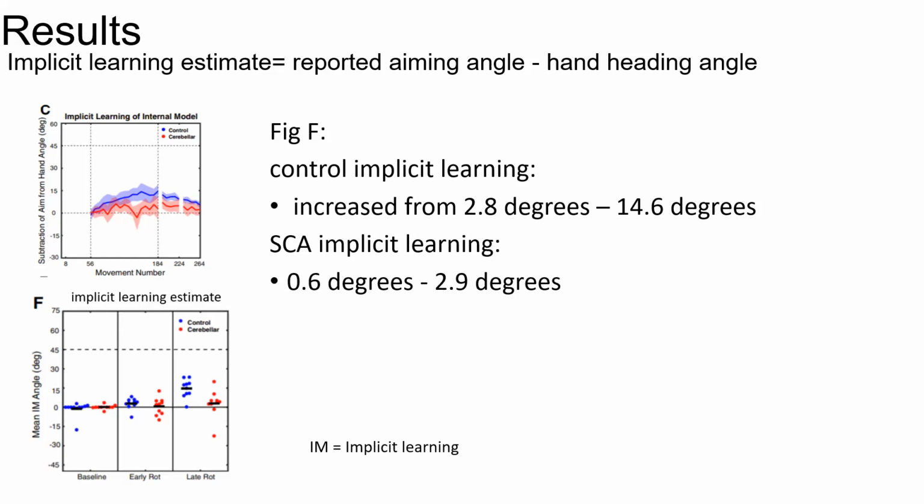And looking at figure F, we see that the control group's implicit learning contribution increased from 2.8 to 14.6 degrees, which is in sharp contrast to the implicit learning within the SEA group, which is almost non-existent, changing from 0.6 degrees to 2.9 degrees.